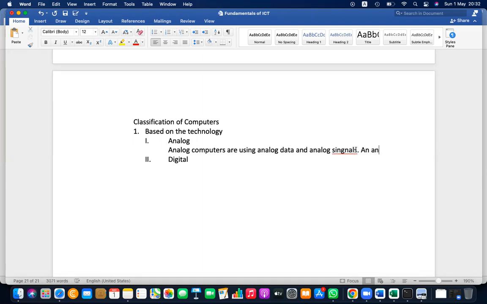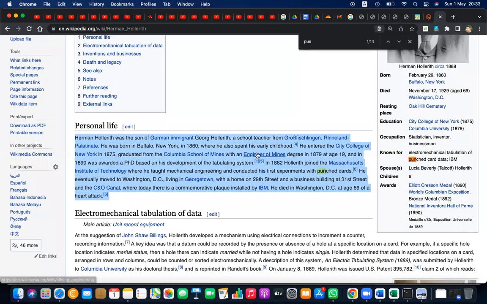An analog signal is a signal, meaning data in transit, which can take any value between a given range. Then please draw this image.